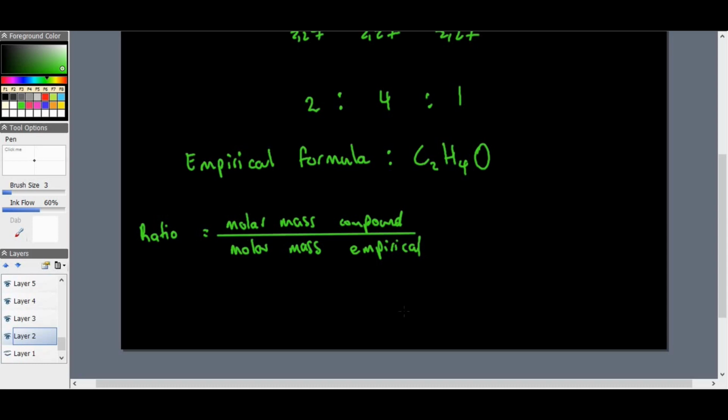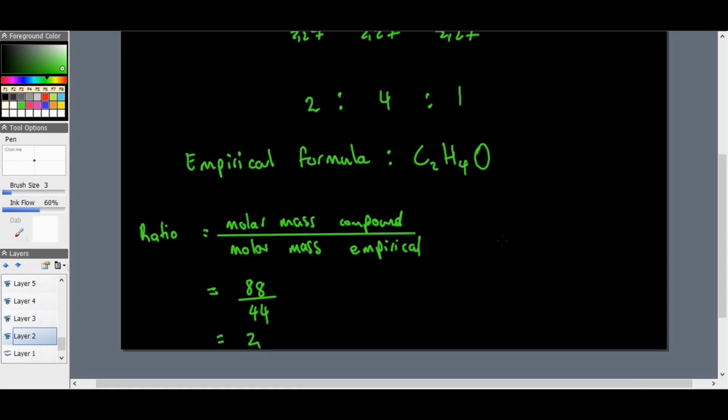Or we could say formula mass, which is going to equal 88 grams per mole, as it told us in the question, divided by 44, which is the molar mass of this compound: 12 times 2 plus 1 times 4, which is 24 plus 4 is 28, plus 16, 44. Now that we got that, it gives us a ratio of 2.